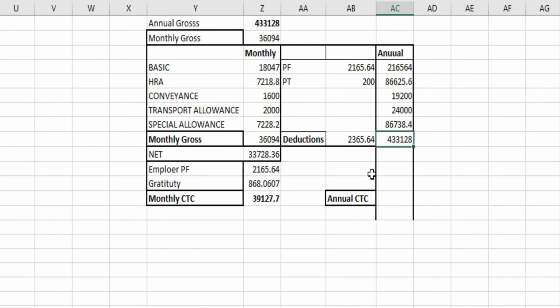This is monthly gross; this is called annual gross, and this is annual employer PF, annual gratuity, and this is annual CTC. The total annual CTC is this, and monthly CTC is this.